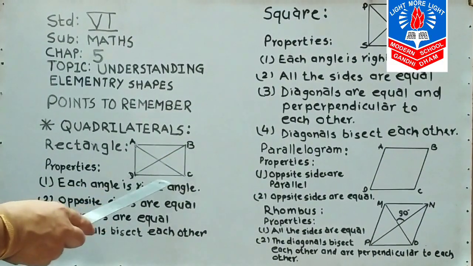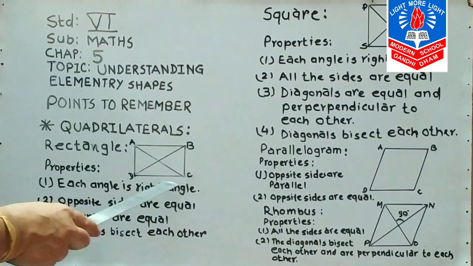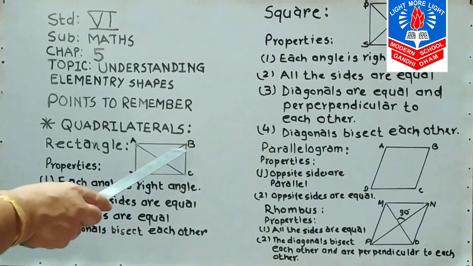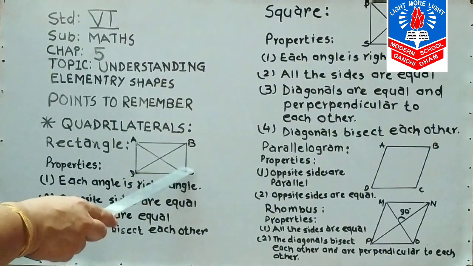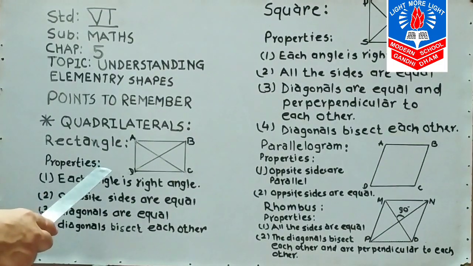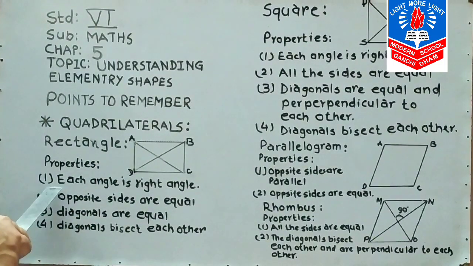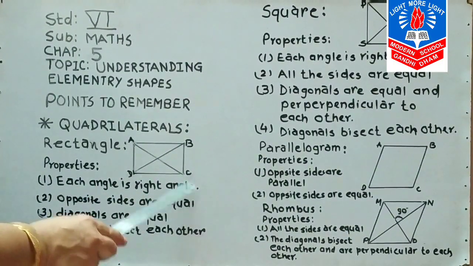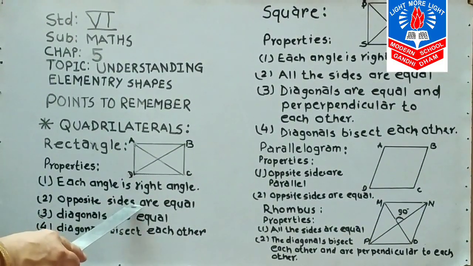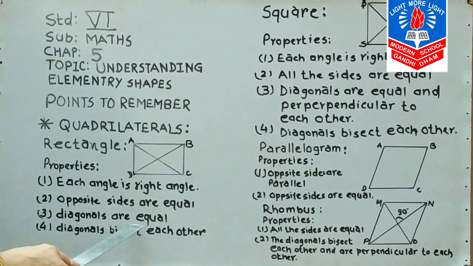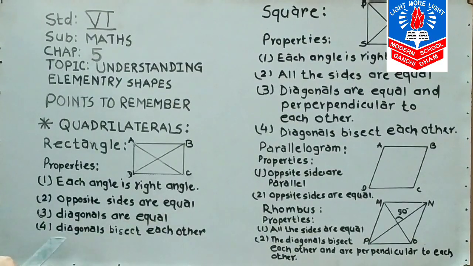All angles are right angles and diagonals bisect each other. So the properties of a rectangle are: first, each angle is a right angle. Opposite sides are equal. Diagonals are equal.